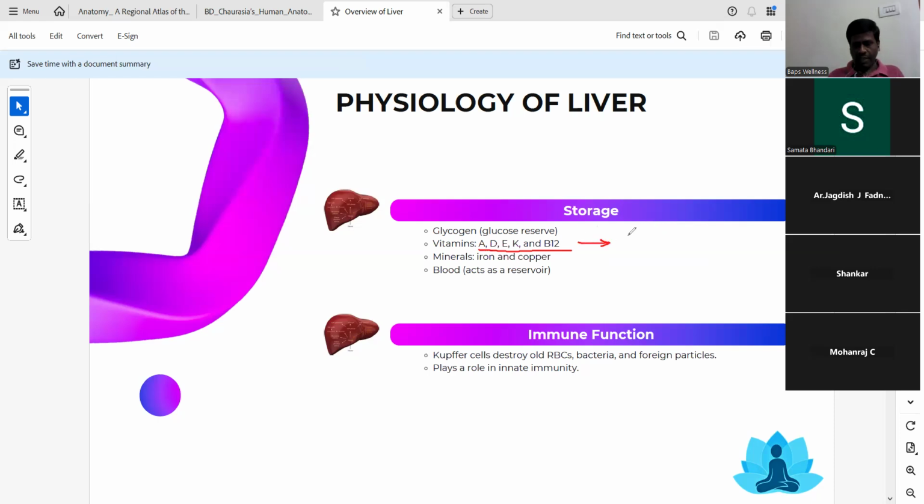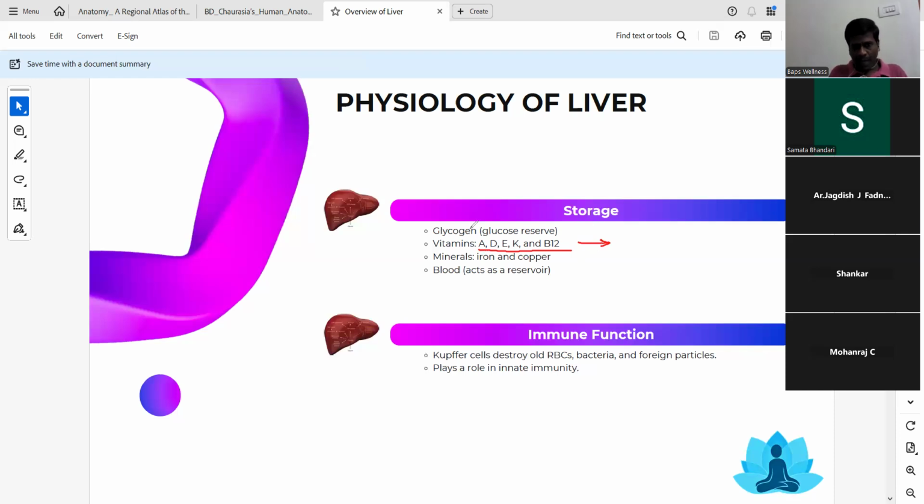If you see any deficiency or decrease in the level of these vitamins in the body, instead of immediately jumping into supplements or external sources, you first look into the liver, how it is handled there, how it is stored in the body. That is bioavailability. It's not how much you are taking from various sources, but how it is being assimilated, taken inside the body. That is very important.